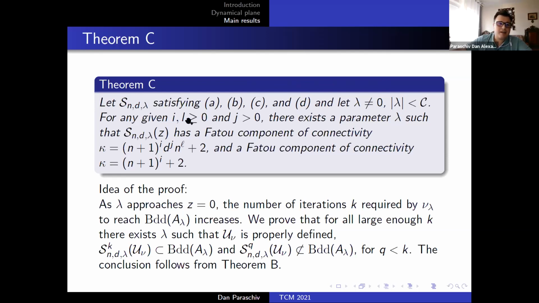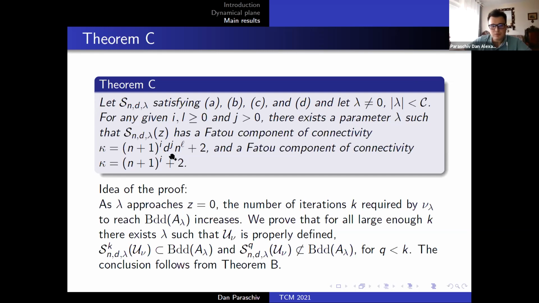Then, for any i, l greater or equal than 0 and j bigger than 0, there exists a parameter lambda such that our map has a Fatou component of connectivity kappa equal to (n plus 1) to the power of i, d to the power of j, n to the power of l, plus 2, and a Fatou component of connectivity kappa equal to (n plus 1) to the power of i, plus 2. So for any connectivity of the desired type, there exists a parameter such that its dynamical plane contains a Fatou component of the desired connectivity.